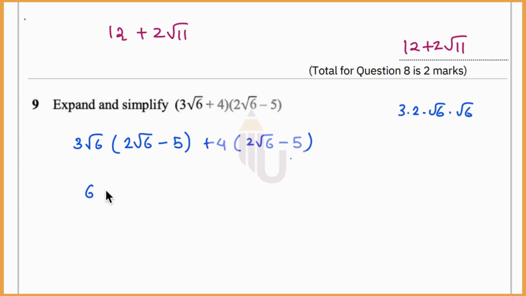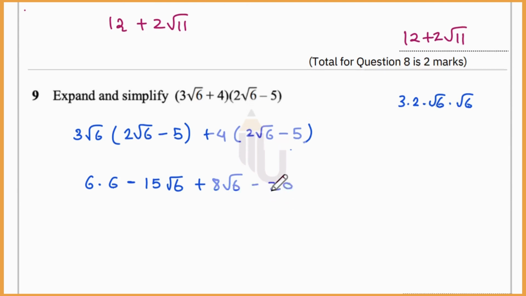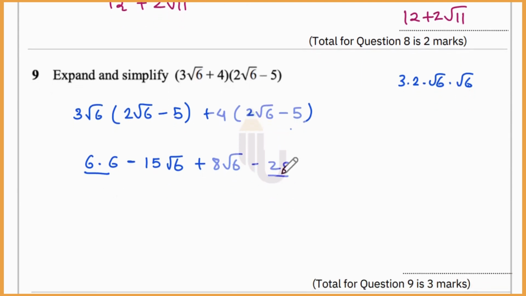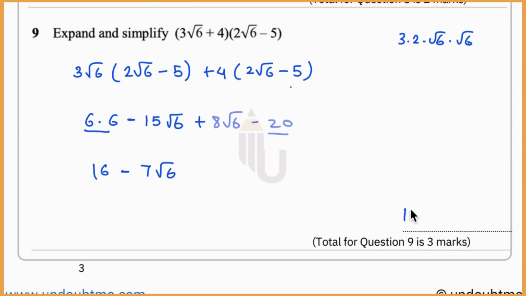Root 6 times root 6 is 6 again, minus 3 root 6 times 5 will be 15 root 6, plus 8 root 6 minus 20. So we have 36 minus 20, that is 16, and minus 15 root 6 plus 8 root 6, that will be minus 7 root 6. So 16 minus 7 root 6 is our final answer.